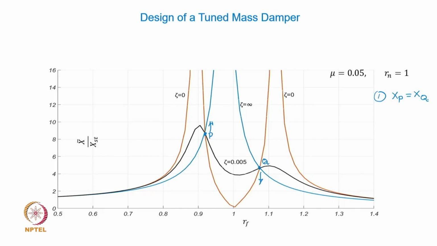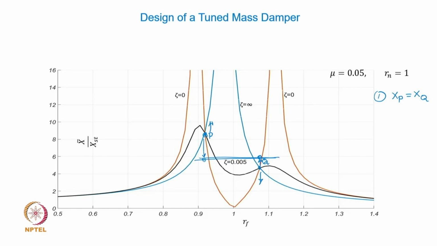So what it actually means is that if I bring their amplitudes at these 2 points equal, all the graphs will pass through these points. So it might happen that this amplitude will go up but this will come down, and I will have the same amplitudes at these 2 points of interest. But that is not enough.